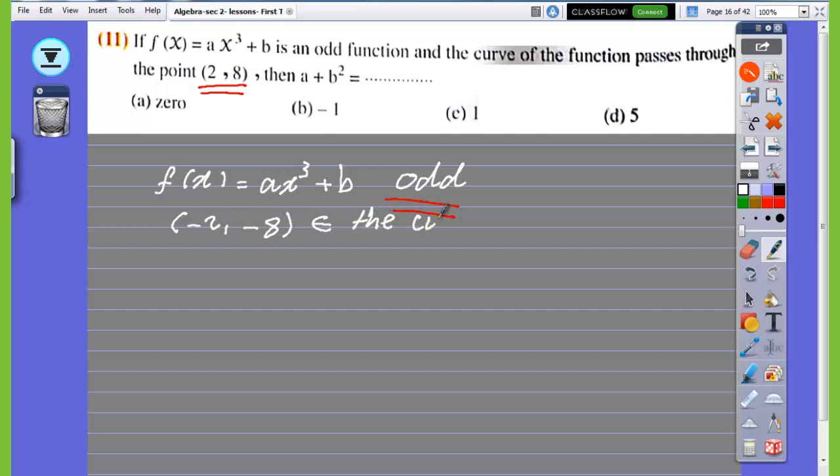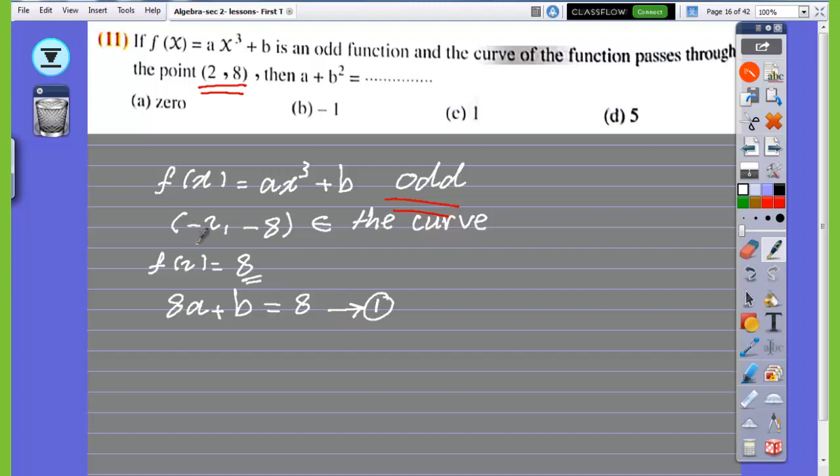Now we have (2, 8) belongs to the curve of the function, so we say f of 2 equals 8. Substituting x equals 2, we get 8a plus b, so 8a plus b equals 8, as 2 to the power 3 equals 8. This is equation 1.